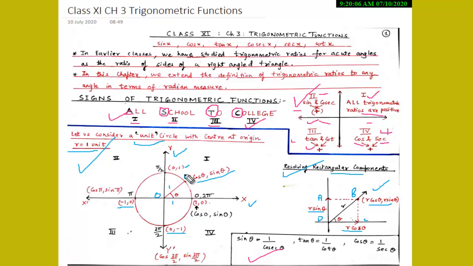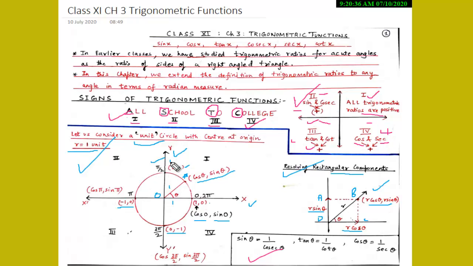Similarly, students, the coordinate on the x-axis, since it is making a 0 degree angle, is cos 0, sin 0. As you can see, the principal value of cos 0 is 1 and the principal value of sin 0 is 0. Similarly, on the y-axis, when theta is 90 degrees, the coordinates are cos 90, sin 90.